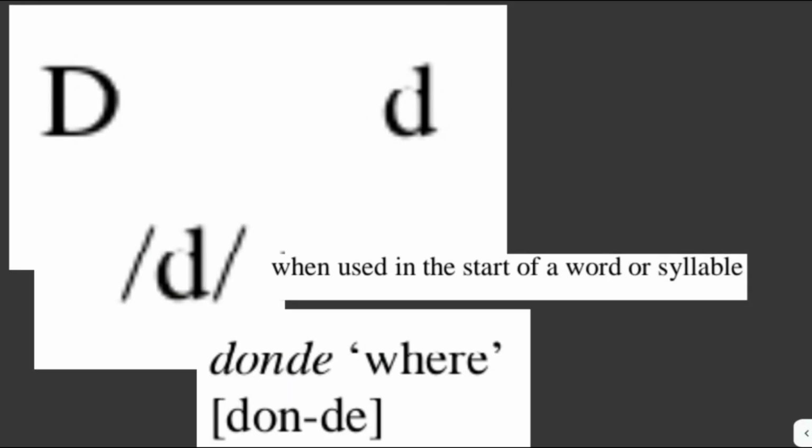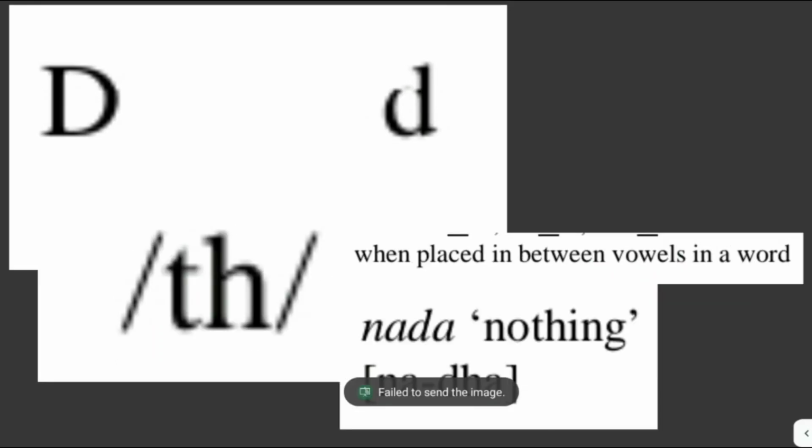So one way to pronounce D as in doll is when used in the start of a word or a syllable. For example, donde, donde, which means where. And we can also pronounce D as th when placed in between vowels in a word. Say for example, nada, nada, which means nothing.